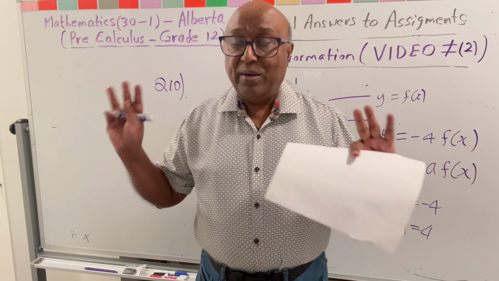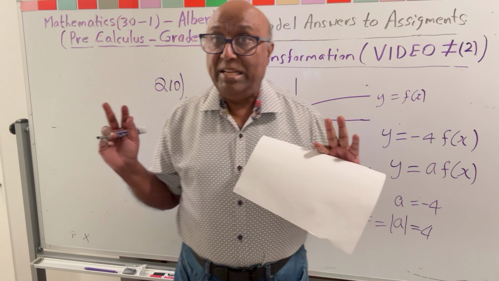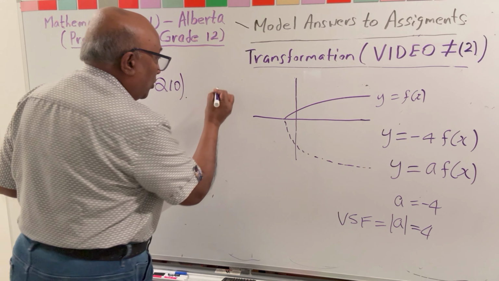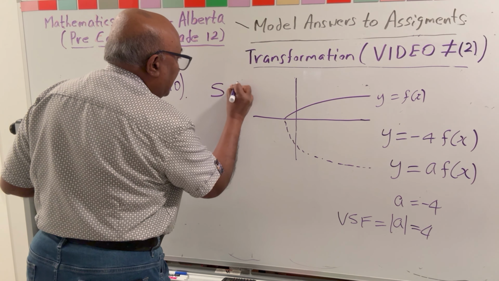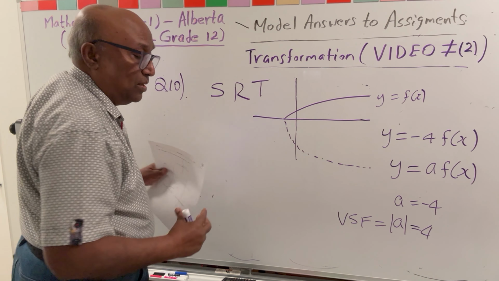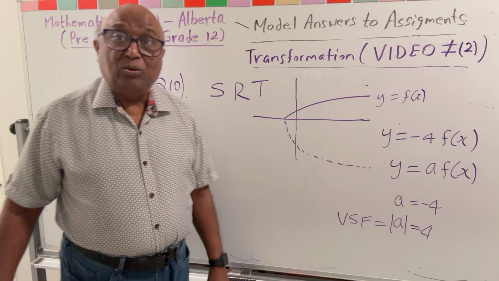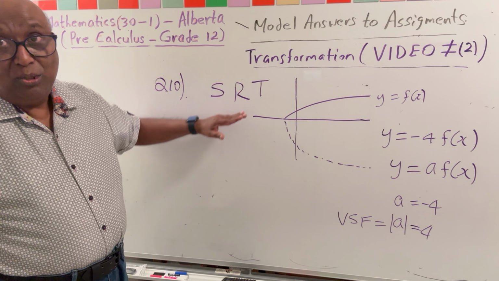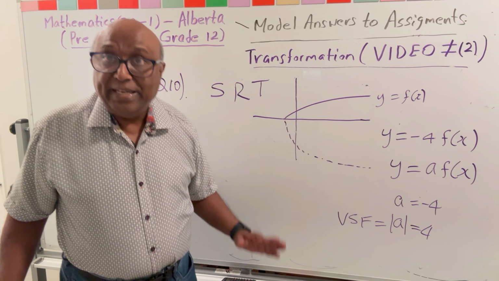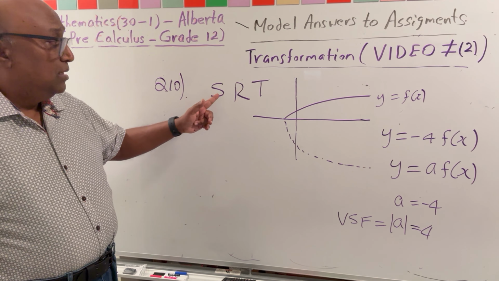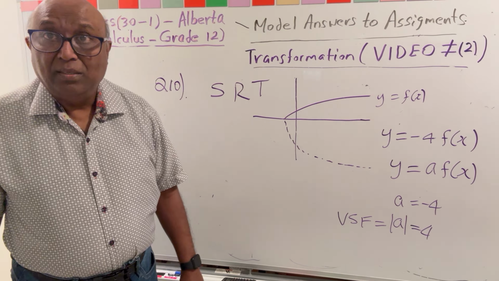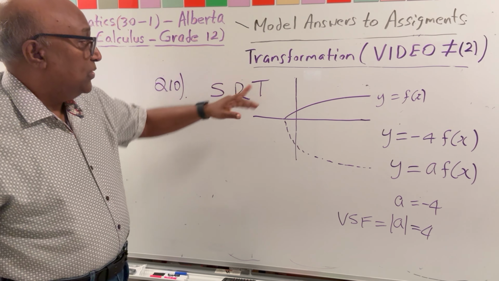When you are dealing with combined transformations, there is a standard rule called the SRT rule. If you follow this rule, that is convenient, but this is not mandatory. For your convenience, when you are dealing with transformations, you can use the SRT rule. That means this is a sequence of transformations.